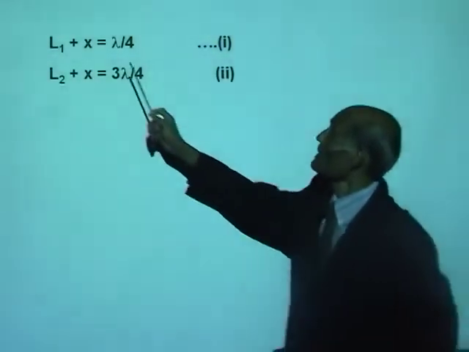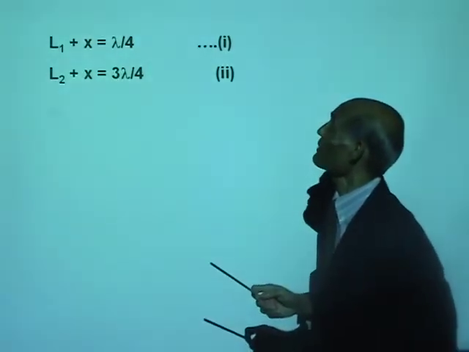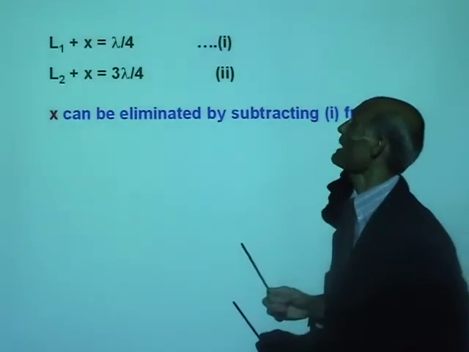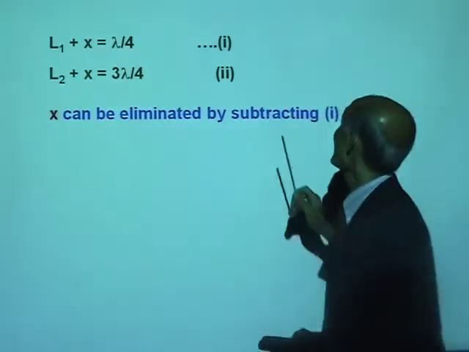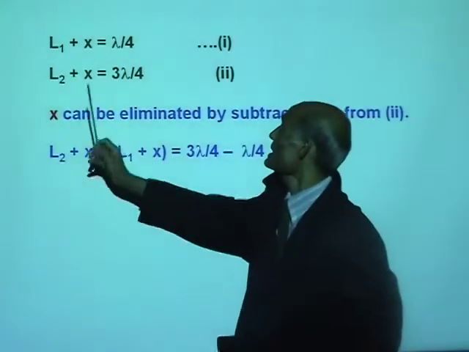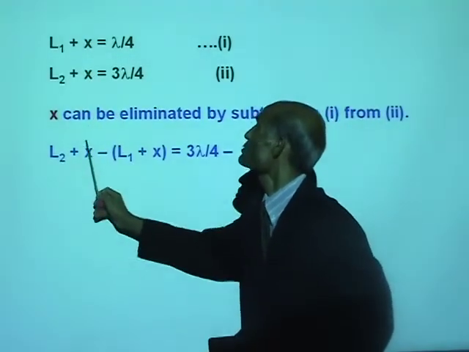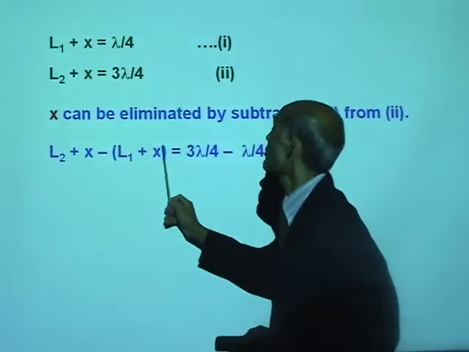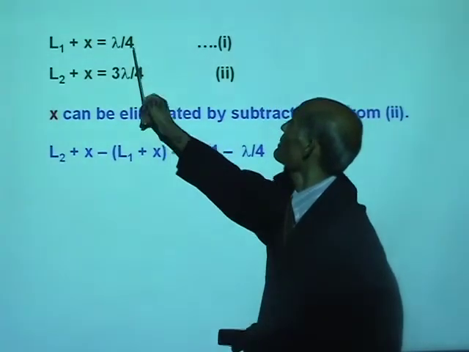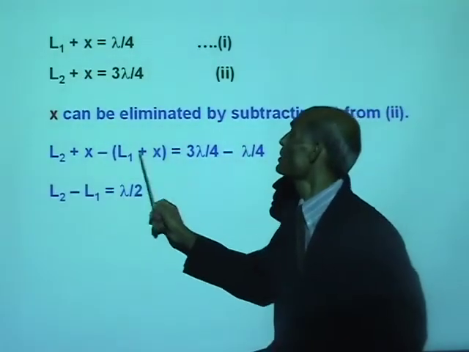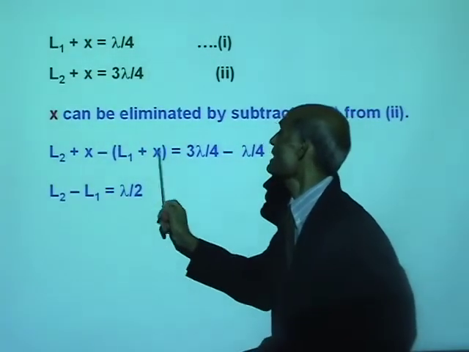And now, you got two equations: L1 plus X equals lambda by 4, and L2 plus X equals 3 lambda by 4, and X can be eliminated by subtracting equation 1 from equation 2. That is, equation 2 minus equation 1 is 3 lambda by 4 minus lambda by 4. When you distribute that, the X's will cancel.